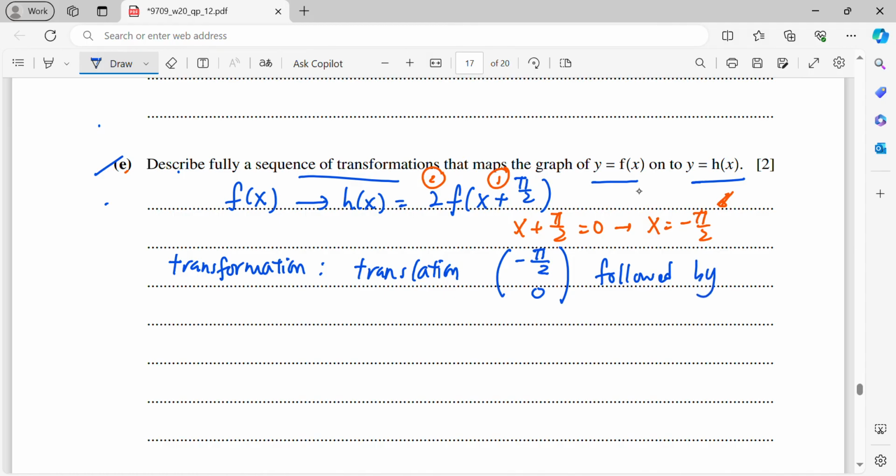The 2 is actually a stretch, followed by a stretch parallel to the y-axis, because now your y will be double the original y, with scale factor 2.